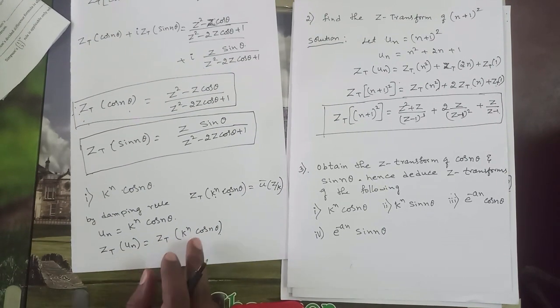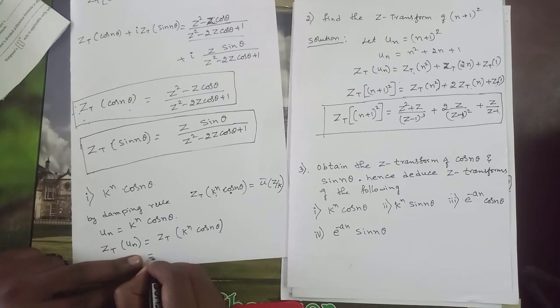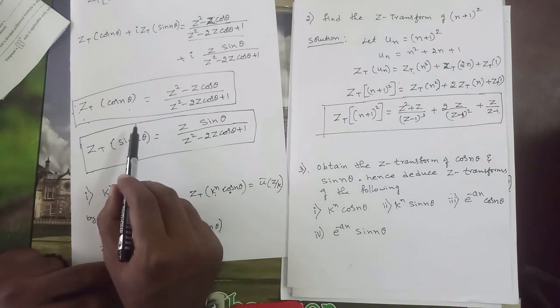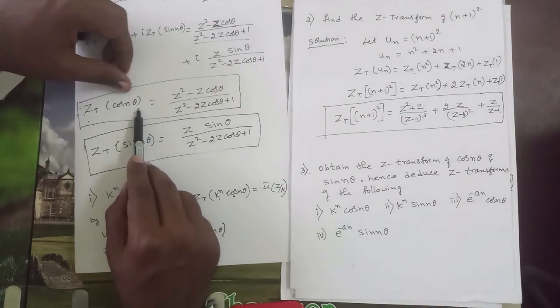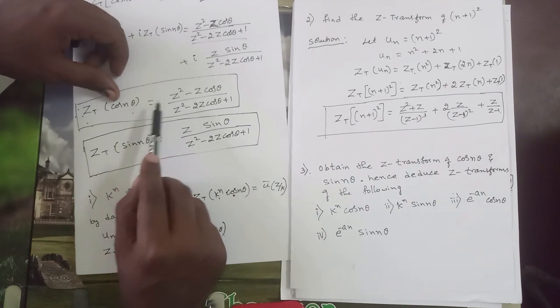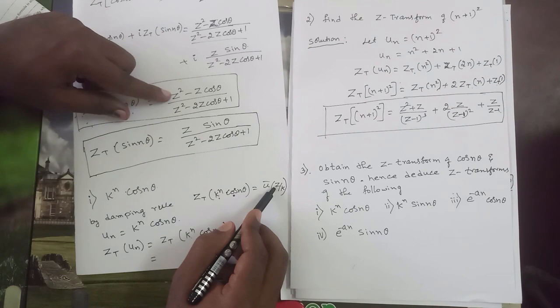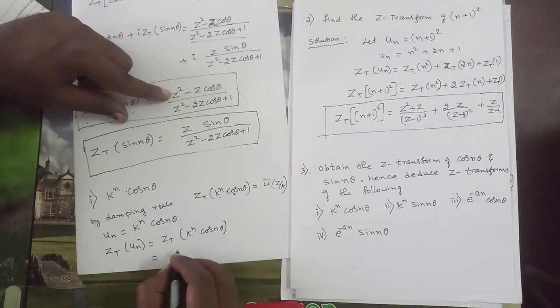So here this can be written as cos n theta. Wherever z is there, you have to replace z by k. So what do you get now?